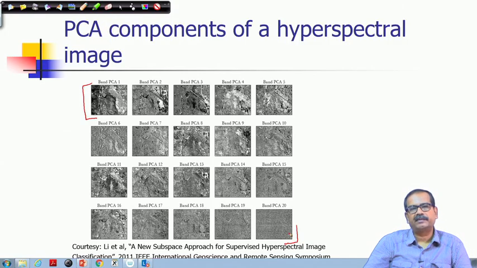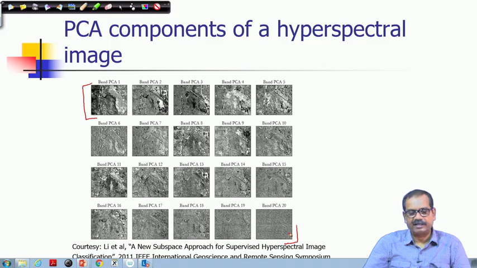In this case, it is actually the 20th eigenvalue. Now, the number of bands is not specified, but I suppose it is 20 in this case. So, this is the minimum one. In fact, almost no details are visible here.